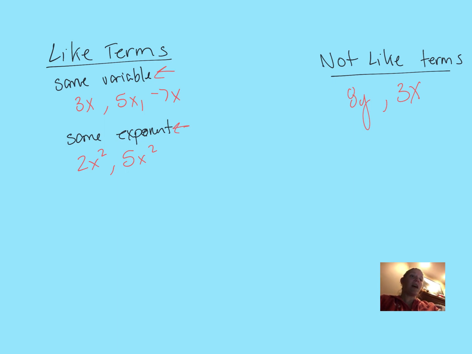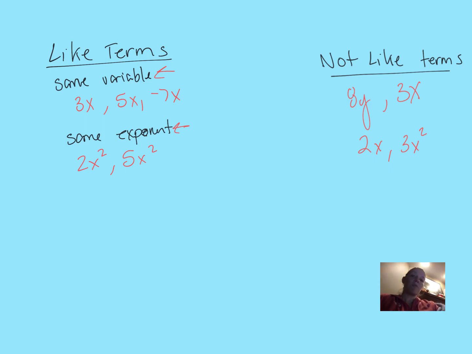If we're going to follow this rule, it has to have both. So an example of not like terms, I cannot have a 2x with a 3x squared, because one has an x, one has an x squared, so those are not like terms. And then what we can do if numbers are like terms is we can add and or subtract them depending on the problem.